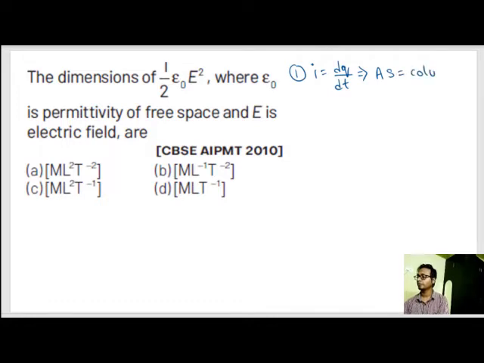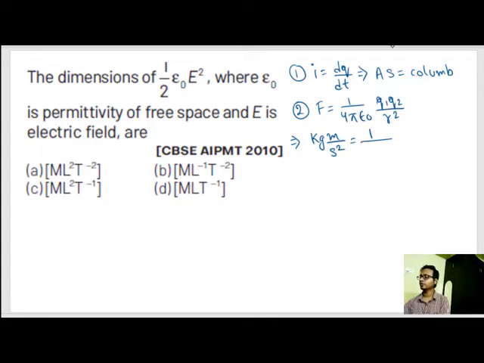So for permittivity of free space, we use Coulomb's law, F equals 1 by 4 pi epsilon naught Q1 Q2 by R square. The dimension of force is kg meter per second square. 4 pi has no units or dimension.